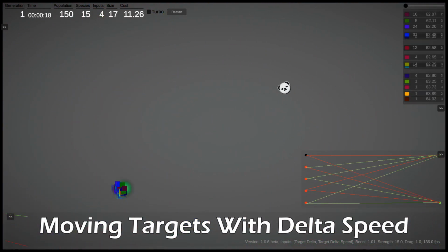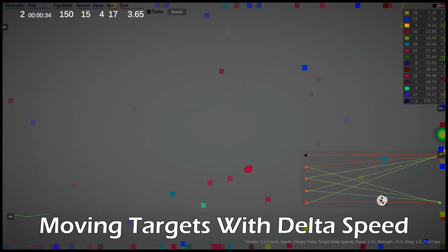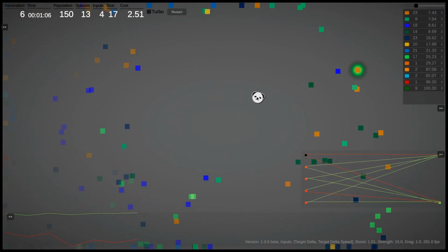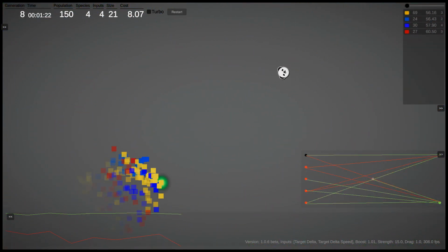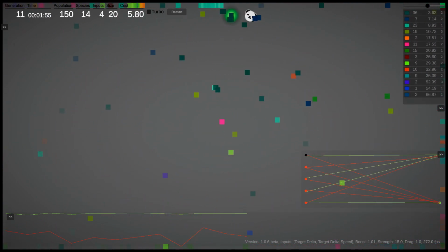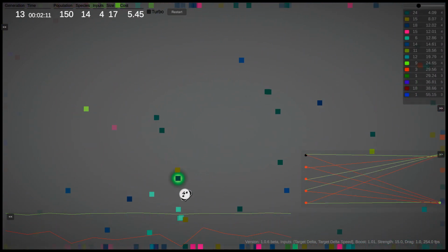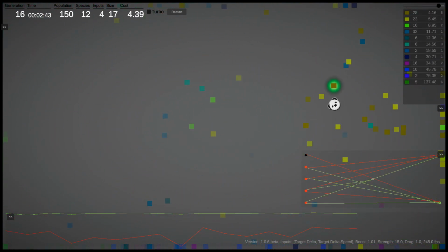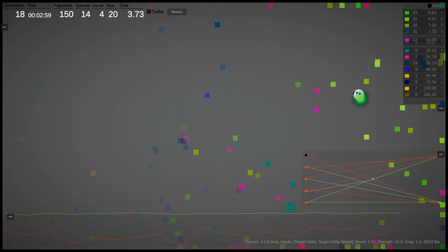What if we use the speed difference between the creature and the target instead? That should allow the creatures to go where the target will be instead of where it recently was. Indeed, the creatures look more competent. The fitness varies wildly during the run because the environment is much more stochastic now that the target is moving.